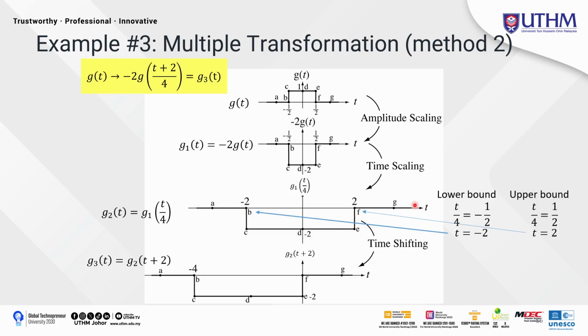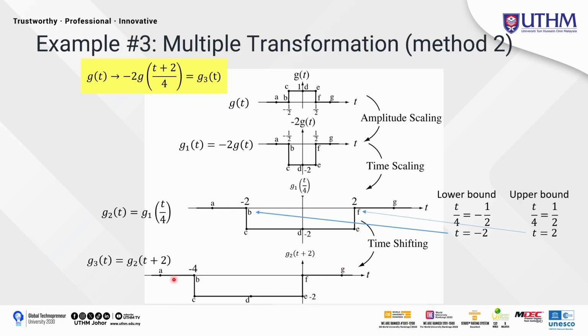Then lastly is the time shifting. So time shifting is t plus 2. From negative 2 to 2, you move the whole graph 2 units to the left. This means negative 2, then negative 3, negative 4. So it's 2 units to the left.